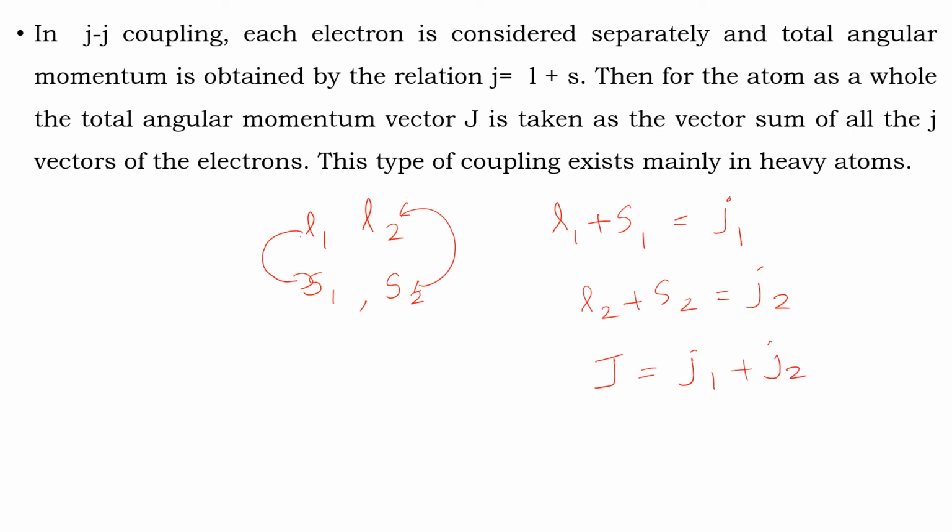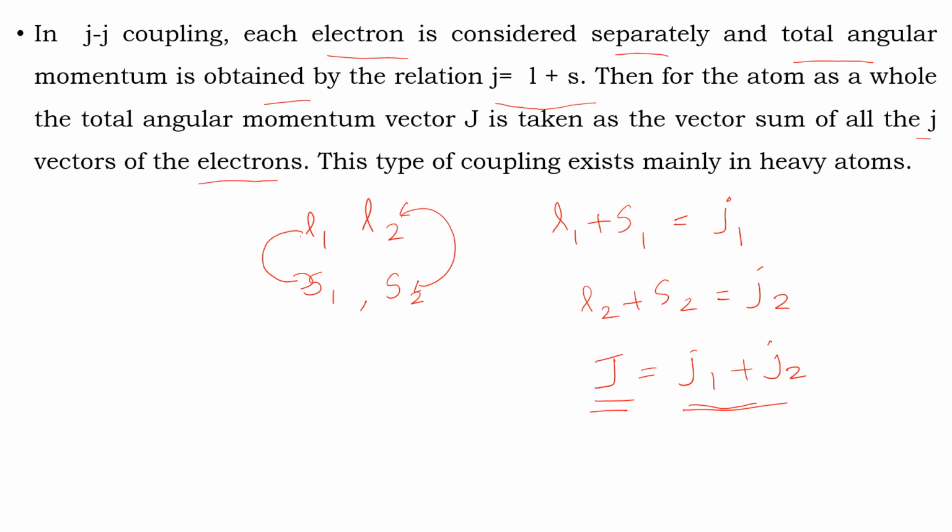That is, the total angular momentum vector can be represented as the vector sum of the total angular momentum of the individual electrons in this case. That is, in JJ coupling, each electron is considered separately and the total angular momentum is obtained by the relation J is equal to L plus S. Then for the atom as a whole, the total angular momentum vector J is taken as the vector sum of all the J vectors of the electrons.